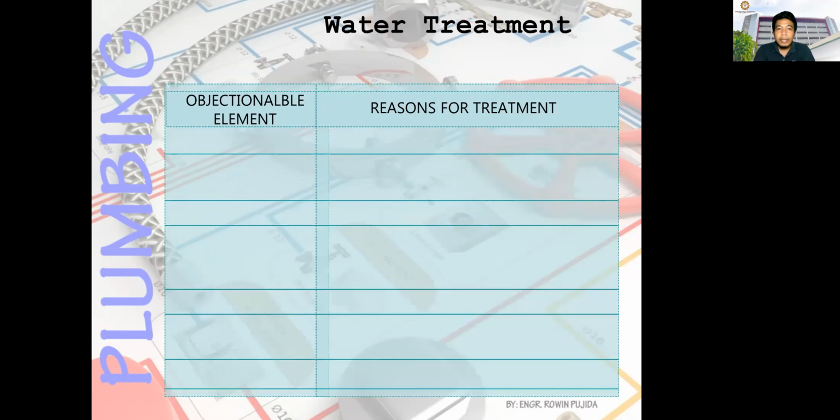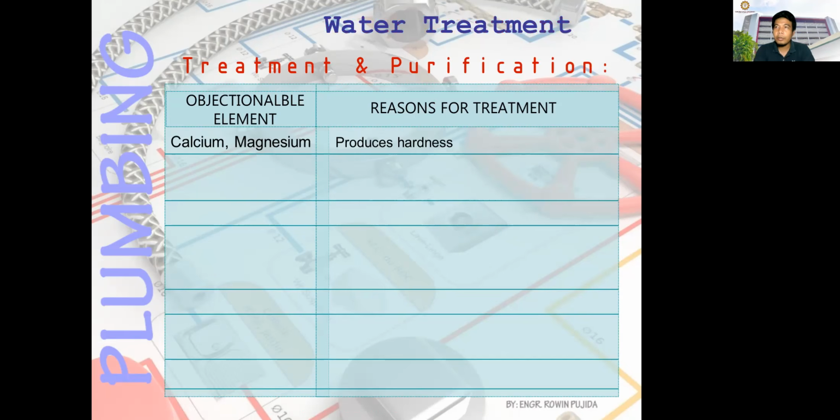And then objectionable elements and reasons for treatment. So this is treatment and purification. For calcium, this is to be discussed further, maybe in your environmental engineering, since this slide only summarizes all the elements of water treatment and purification.